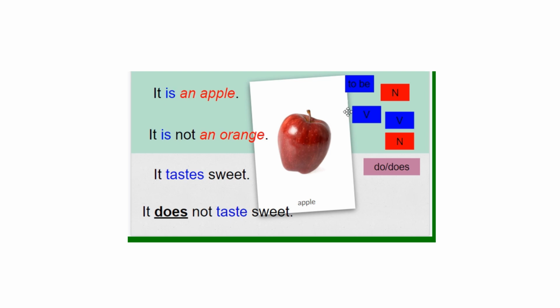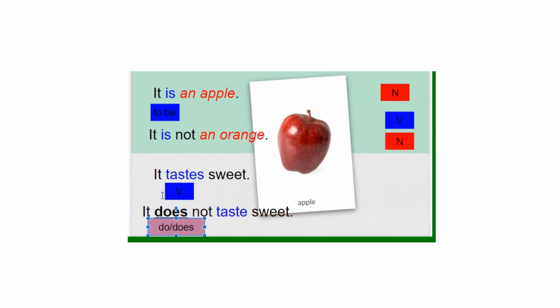Is, to be, taste, verb. Ketika berbentuk negatif, kita harus menambahkan do atau does. Karena subjeknya adalah it, maka kita menggunakan does. Sedangkan apple dan orange adalah noun.